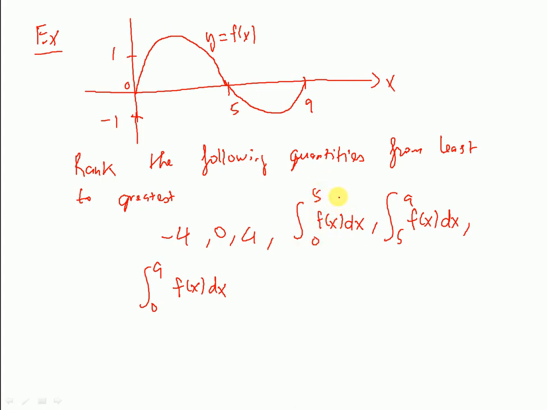The area of the function f of x between 0 and 5, which means the area of this region. And remember, in order to estimate the area, we have to find a rectangle, right? The rectangle, the height multiplied by the width.